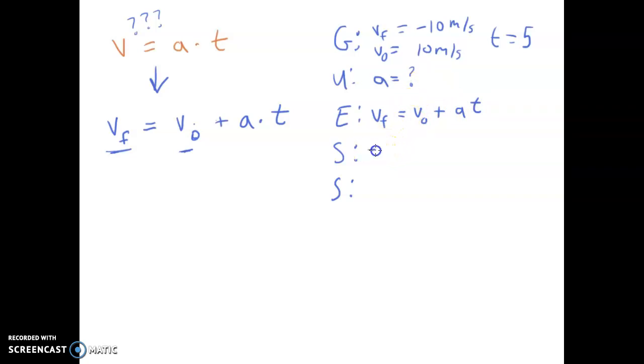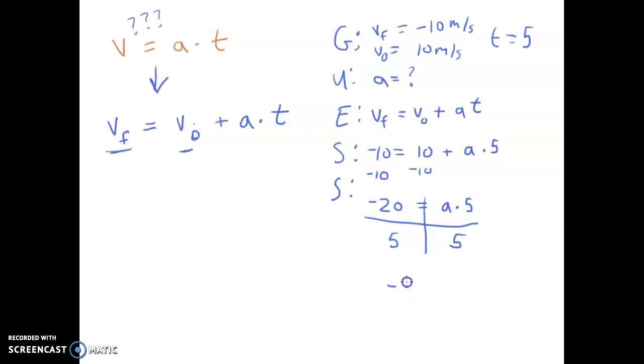And again, I could substitute in here. Now I actually have to do a little bit of algebra. So subtract 10, and divide by 5. And we get our acceleration is equal to -4. Now, I didn't follow my units through, but it actually would end up being -4 meters per second squared.